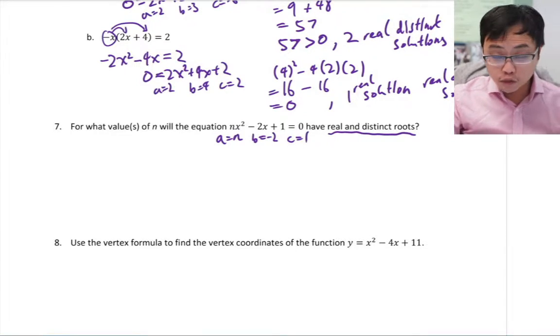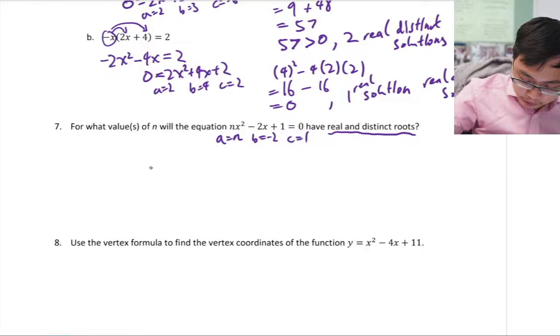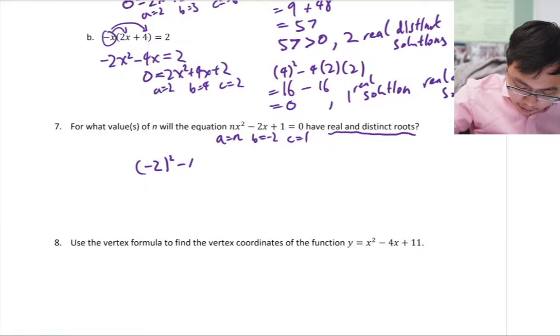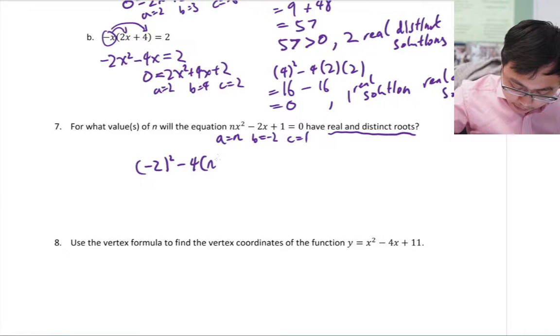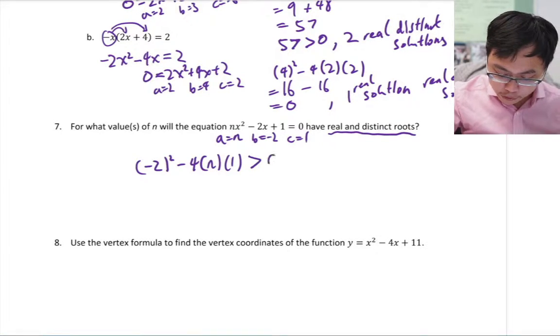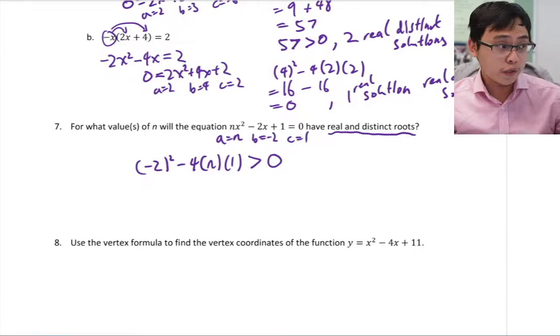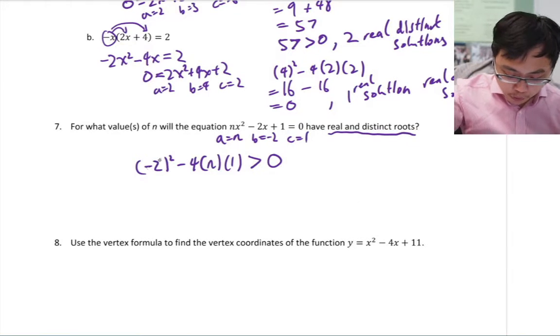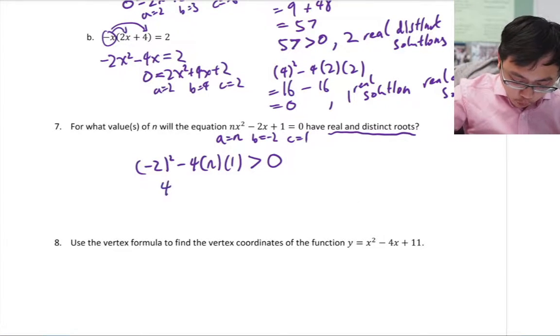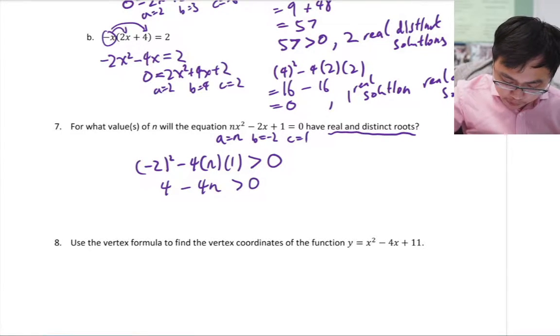Let's put that into the discriminant. So b squared, that's minus 2 squared, minus 4 times a, that is n, and then c, that is 1, and we want this whole thing to be greater than 0. We're doing an inequality, and so negative 2 squared is 4, minus 4n, and we want this to be greater than 0. I'm going to move this negative 4n over to the other side.